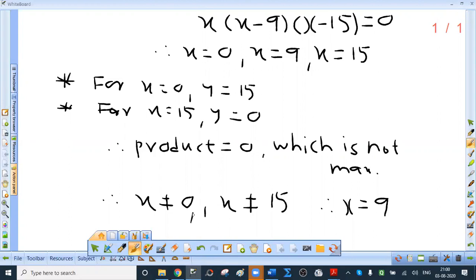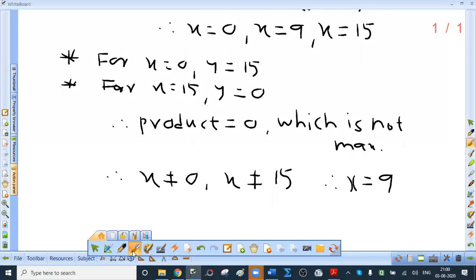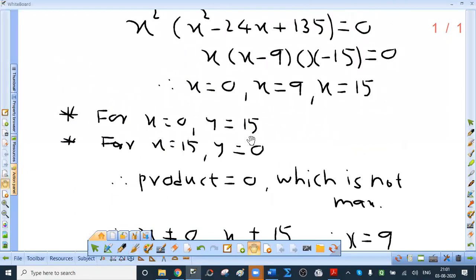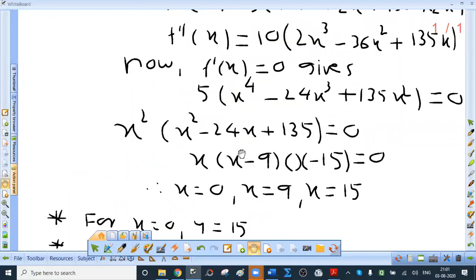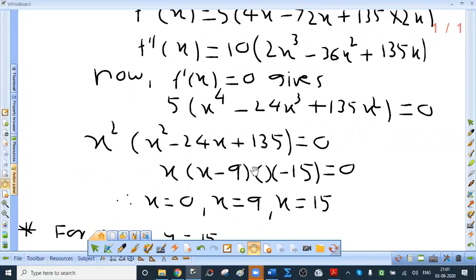Okay. Now see at this point whether the second derivative is positive or negative. So what is f double dash of 9? I have taken I think only 10 common. Let me see. Second derivative. Yes, only 10 common.